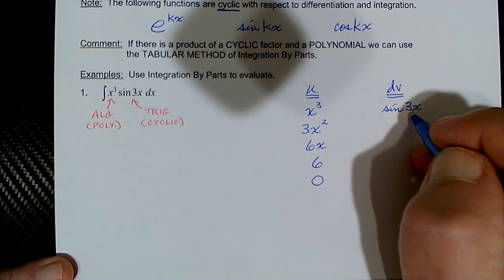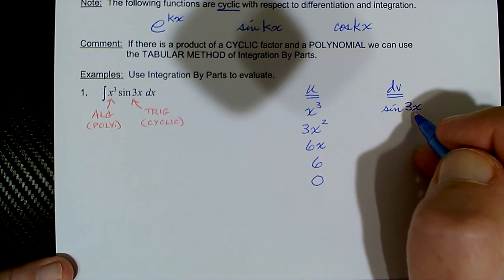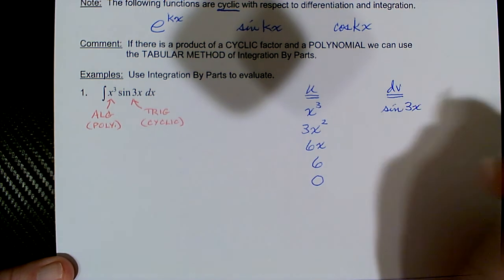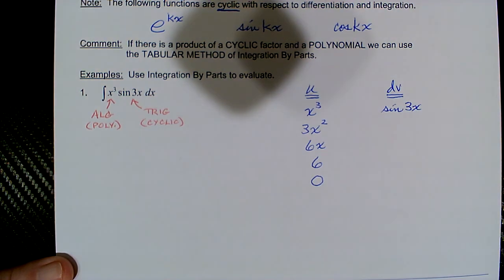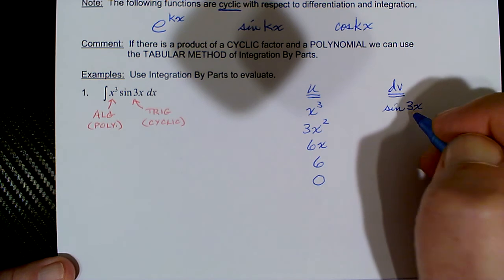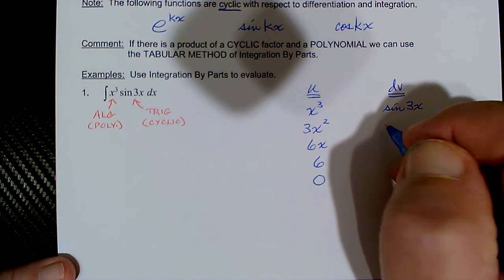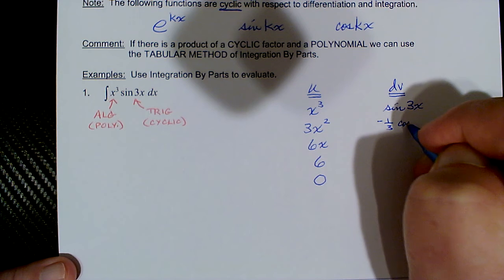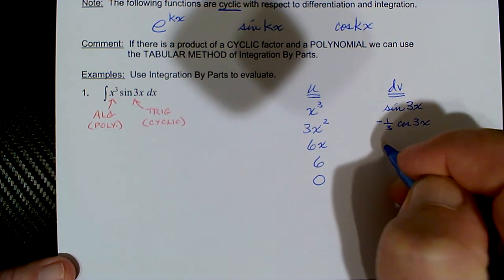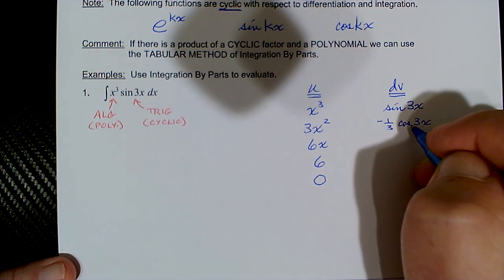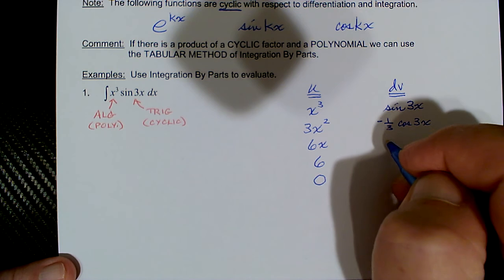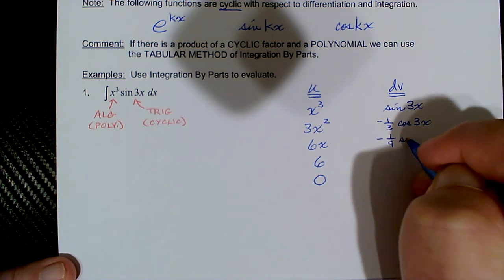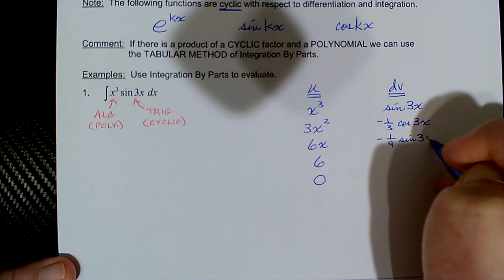Now, every time we integrate sine or cosine, we get multiplication by 1/3. And here's where you have to be careful of your signs. Sine integrates to be negative cosine, and the factor of 1/3, so negative 1/3 cosine 3x. Okay, next time cosine integrates to be positive sine, another factor of 1/3 makes it negative 1/9 sine of 3x.